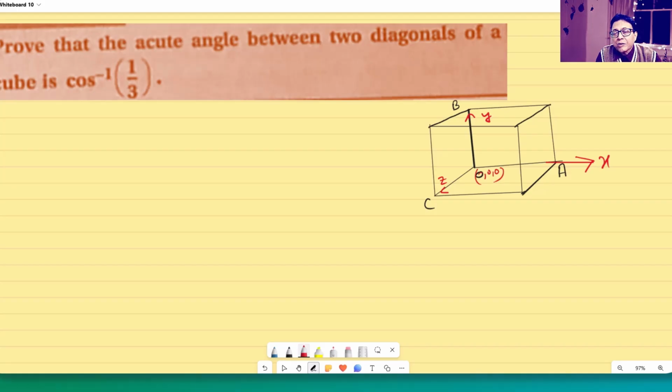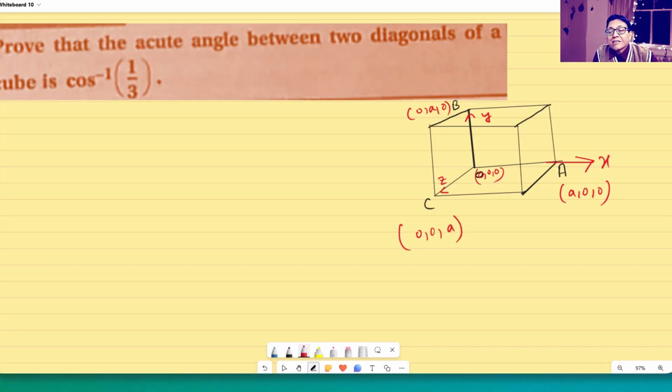If the length of the side is a, this is A, 0, 0. This point B, I mean on the y-axis, will be 0, A, 0. This one is 0, 0, A. And this is your xz plane, so y is 0.